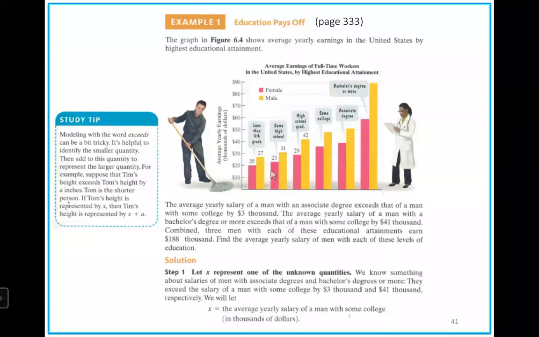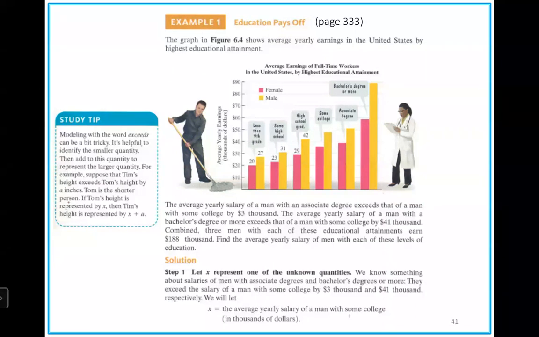And you will see that as you go through, in every instance, there's one gender that seems to be earning more than the other. Which gender is that? Male. So in all cases, it is showing that the males are earning more.